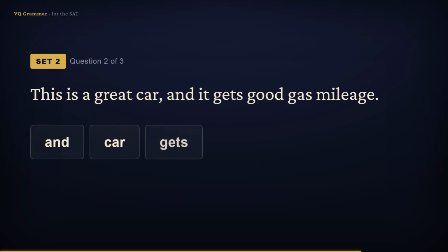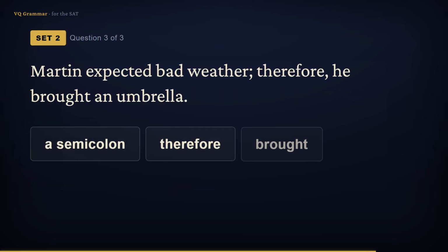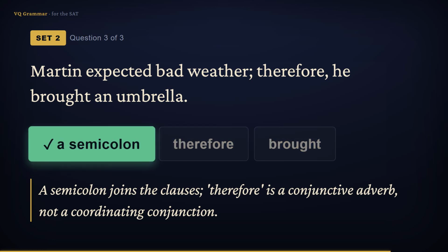This is a great car, and it gets good gas mileage. The clauses are joined by the coordinating conjunction and, so the answer is and. Martin expected bad weather; therefore he brought an umbrella. The clauses are joined by a semicolon, with therefore as a conjunctive adverb, not a coordinating conjunction, so the answer is a semicolon.